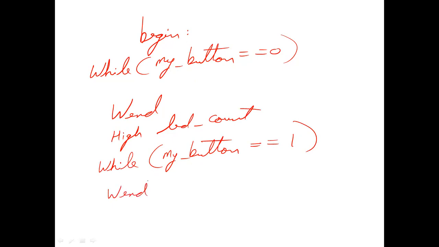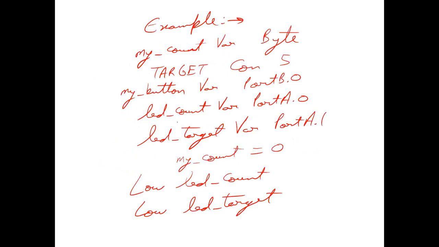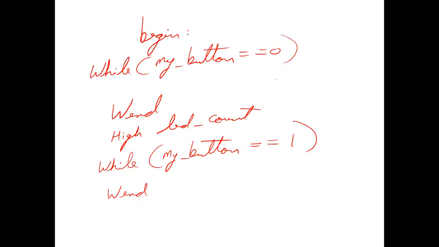And now the control will keep on circulating in this while loop until my_button again becomes 0. Now when will it become 0? You can see the value at my_button gets its value from port B, the 0th bit. So whenever the 0th bit of port B becomes 0, right?